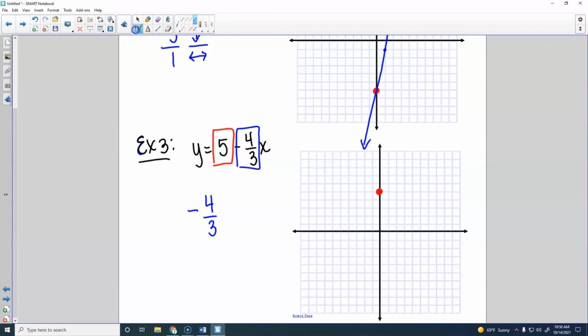All right, so you would go down 1, 2, 3, 4. You go right 1, 2, 3. Okay, you can keep going down 1, 2, 3, 4. Right, 1, 2, 3 is going to give you this. Okay, here.